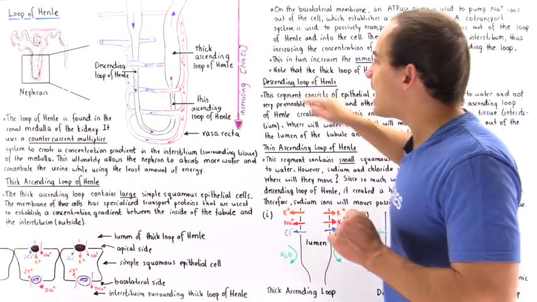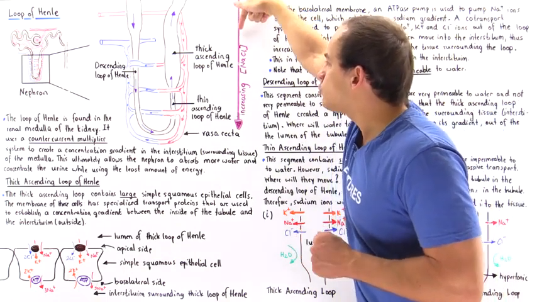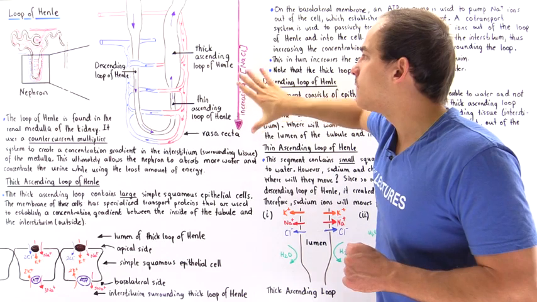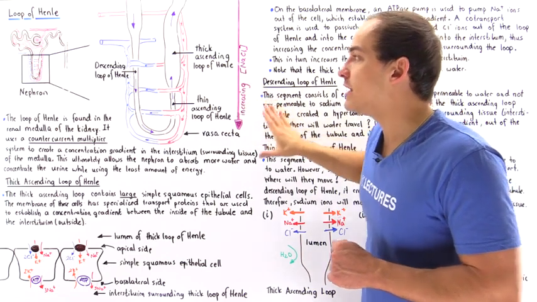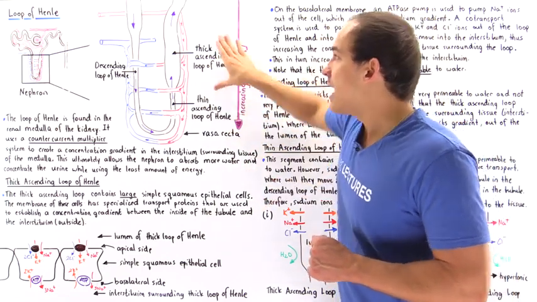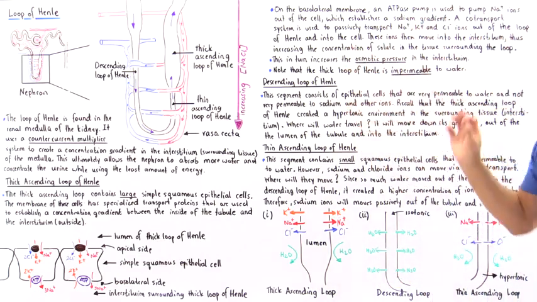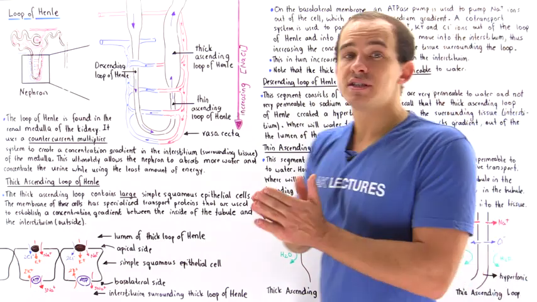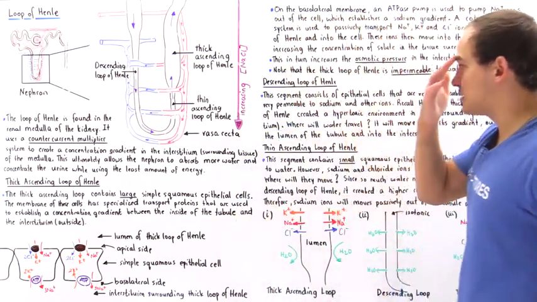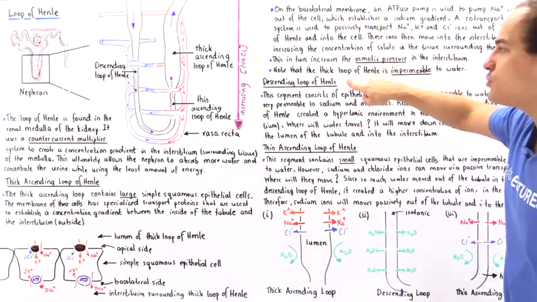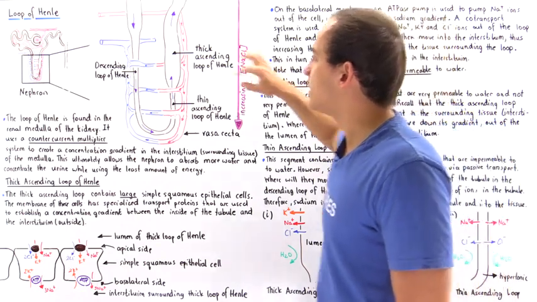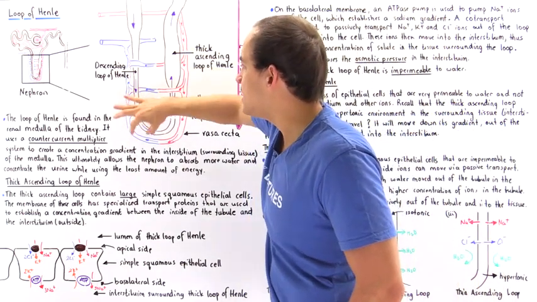Now, because we increase the concentration of our interstitium found in the medulla of the kidney, we increase the osmotic pressure in the interstitium, and we'll see why that's important in just a moment. So let's move on to our descending loop of Henle, which is this section here.